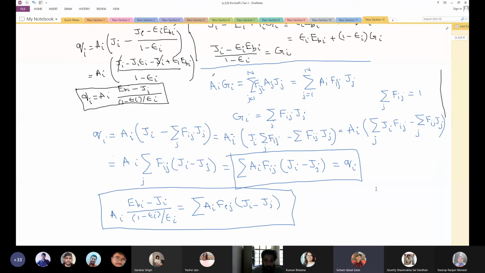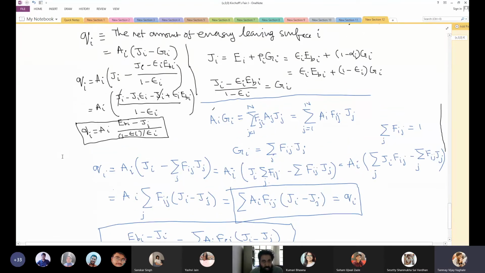No, sir. Okay. The Gi should be summation of Fji into Jj, right? Which one? The Gi here you were talking about? No, the equation written below that. This one, right? Yes, sir. I did not understand. Okay, see, this one came from here.